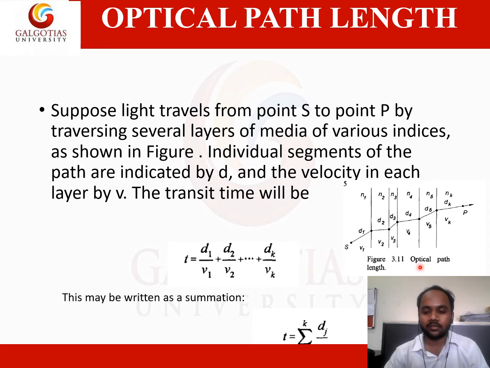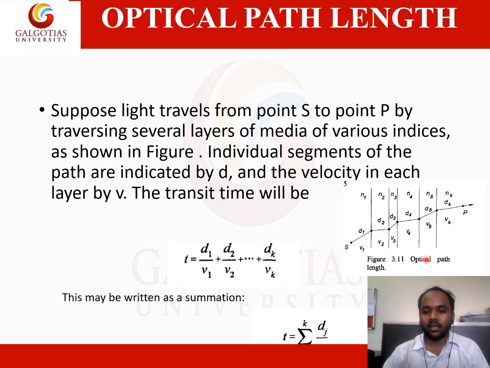It's like, as an example, let's assume you're traveling from Hyderabad to Delhi. When you're traveling from Hyderabad to Delhi, you have different cities which come in between. When you calculate the distance between each city in between, summate them, and get the overall distance, that is called the optical path length.